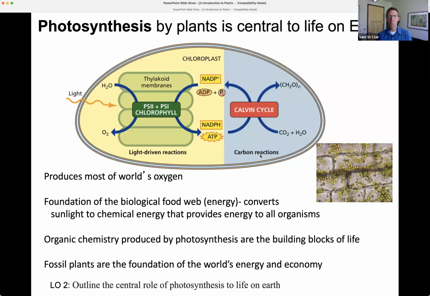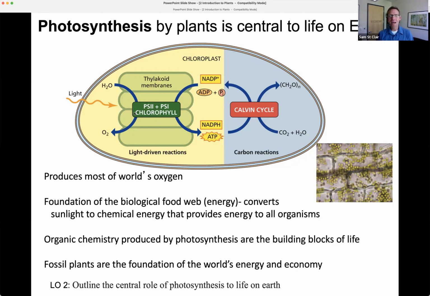If we blow up one of those chloroplasts, we can see that chlorophyll inside the chloroplast is absorbing the energy of sunlight, capturing that energy and storing it in organic chemicals called sugars, glucose specifically. So photosynthesis takes inorganic compounds, water and carbon dioxide, that are energy poor, and transfers the energy from light into an organic molecule that's energy rich and is a building block for life.